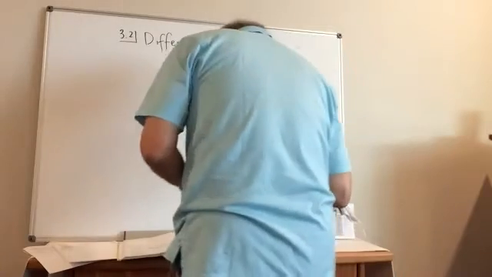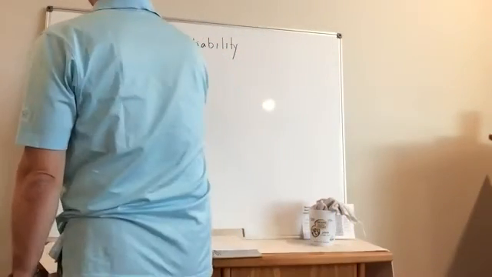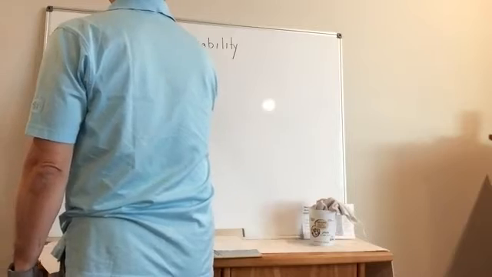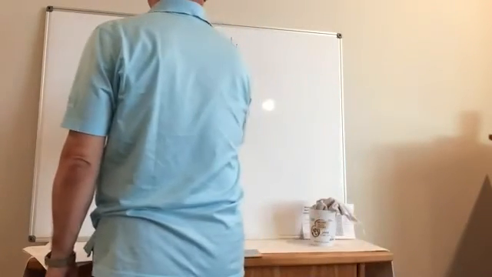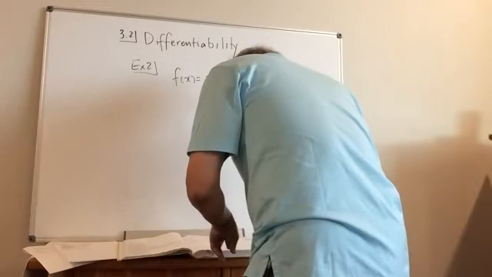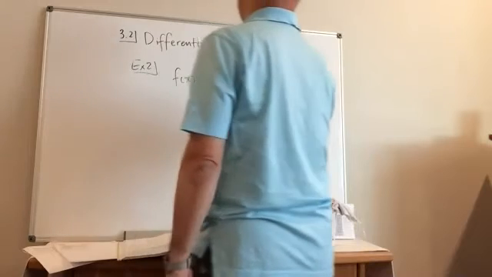So let's look at example number 2. Example number 2 says f is equal to x cubed. Use the numerical derivative to approximate f prime of 2.